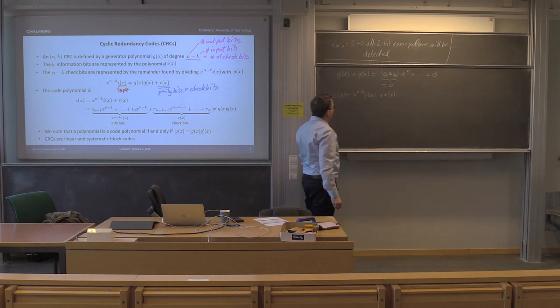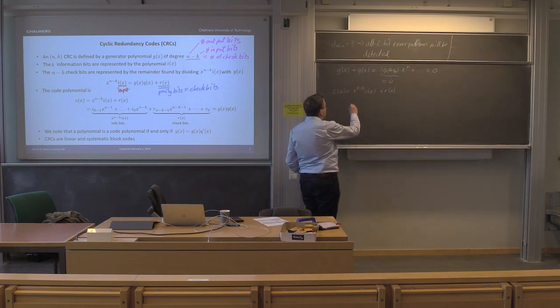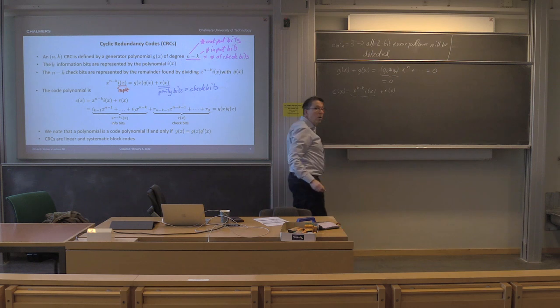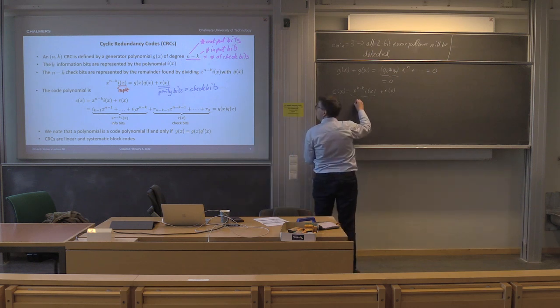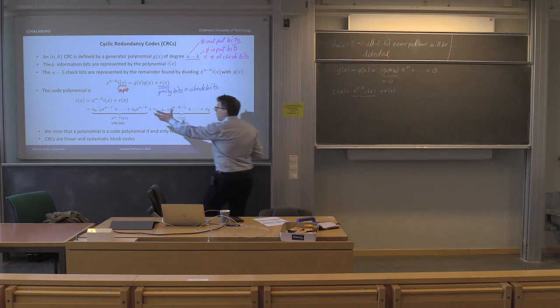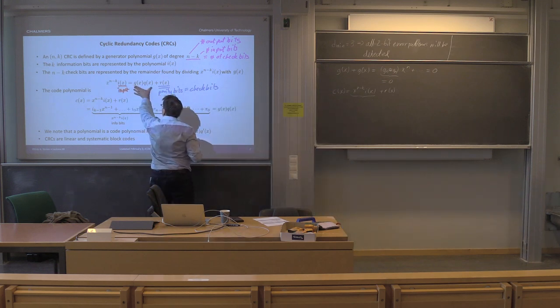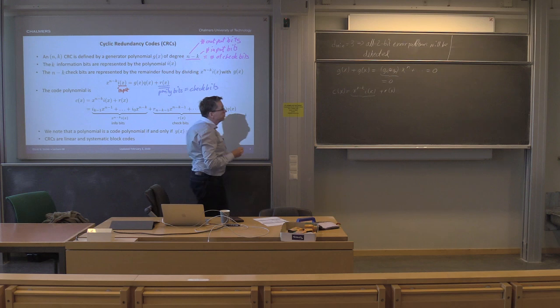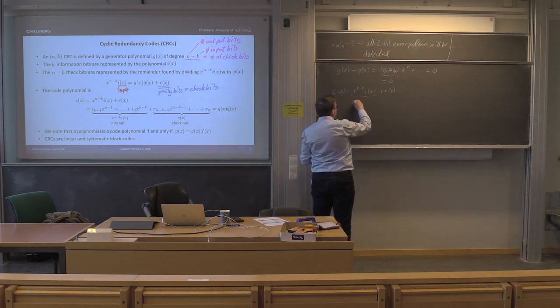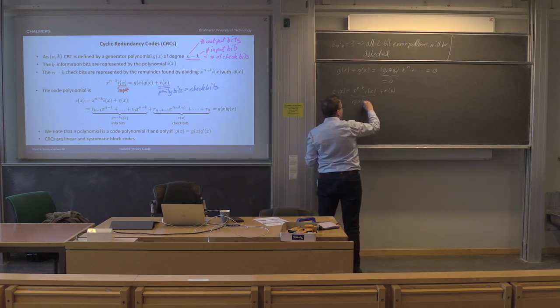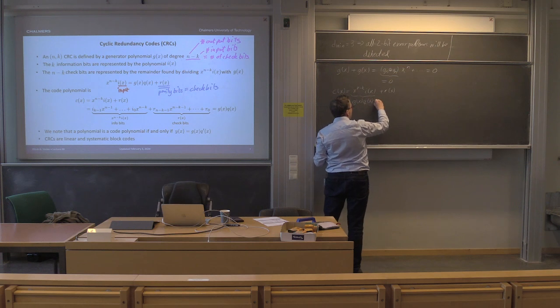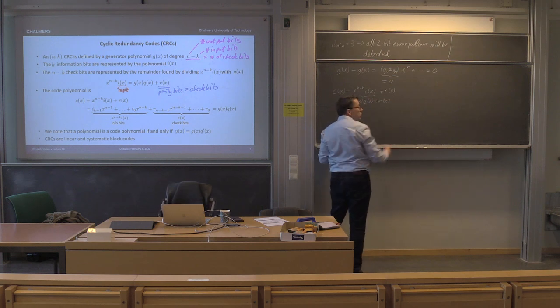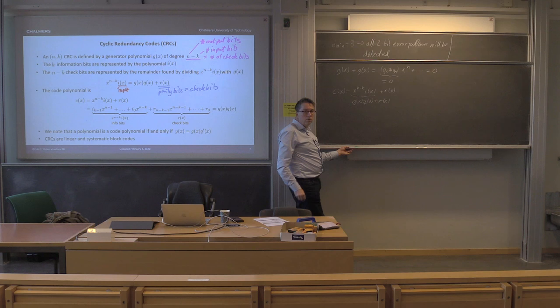Okay. What do we know about this part? Well, we know that this part can be written as G times Q plus R. That's how we found R to begin with.